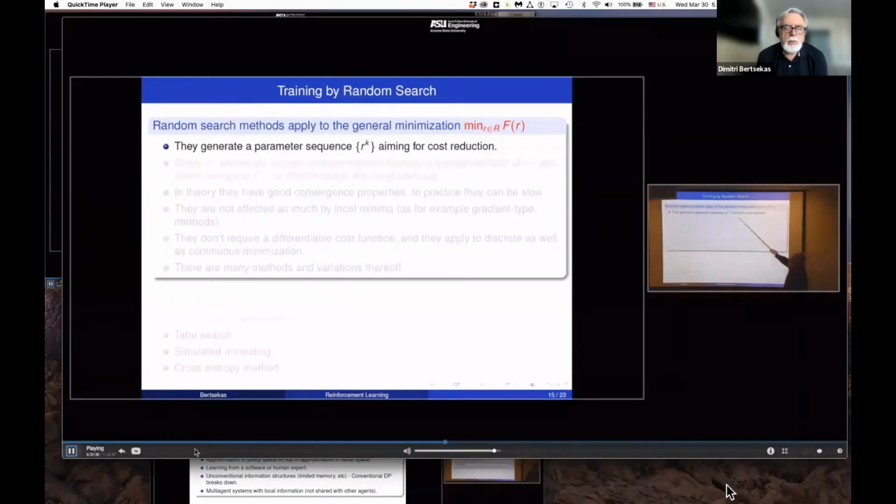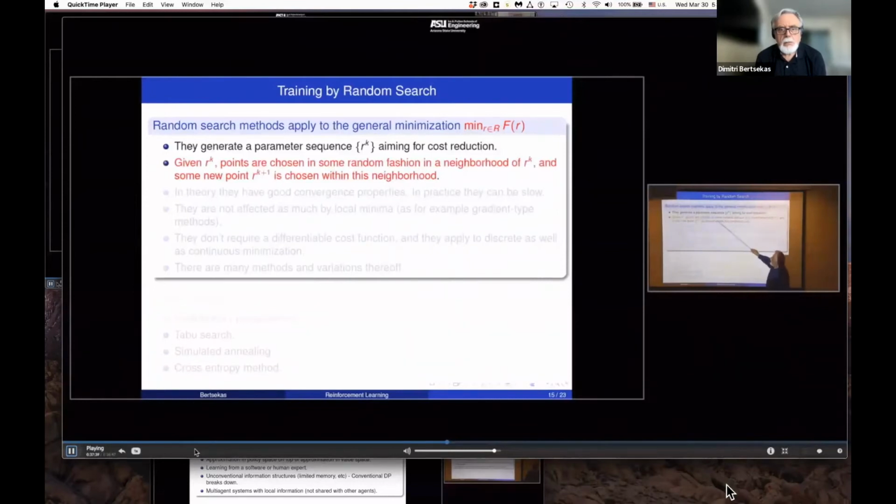They generate a parameter sequence, always aiming at cost reduction, looking for better and better cost, but exploring at random around the current point. Given the current point Rk, we generate randomly points in a neighborhood of Rk, and then we choose some new point within this neighborhood that hopefully is better or more promising, and then we keep going. More random points, move forward, and so on. This is a typical fashion. Neighborhood search with the points within the neighborhood generated in some random fashion.